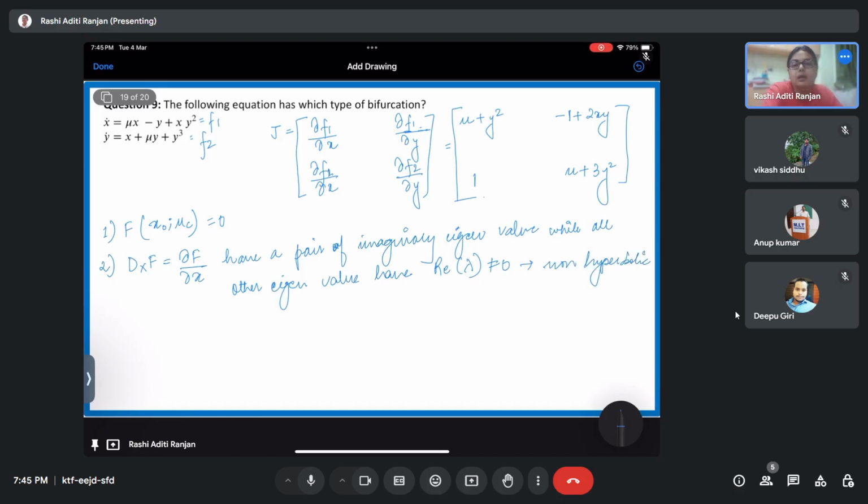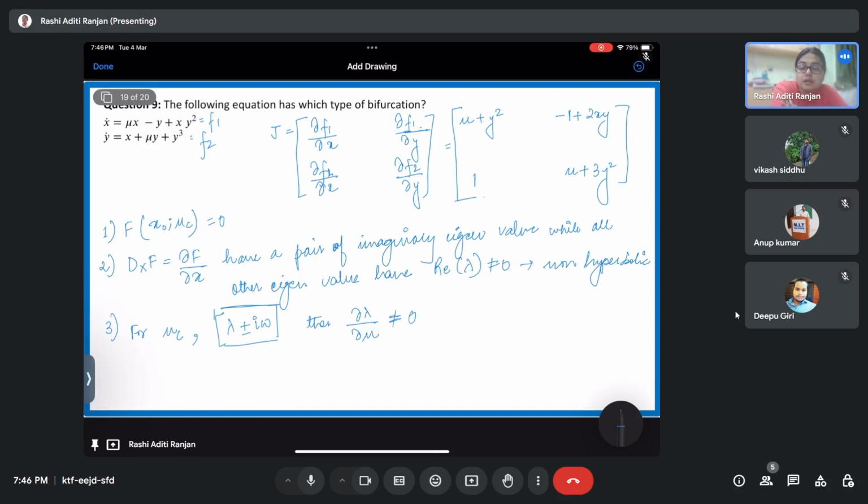And the third one was the transversality condition, which meant that for the critical value of my bifurcation parameter, if I have the eigenvalue of this form, this being the equation of my eigenvalue, then the partial differentiation of my lambda should not be equal to 0.